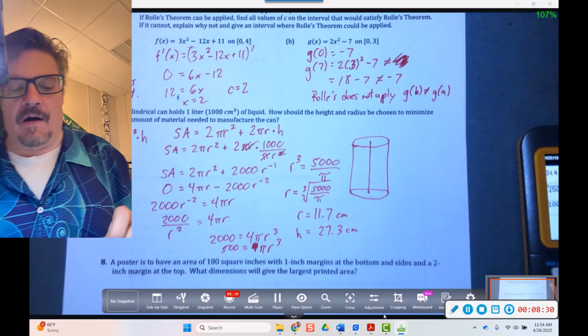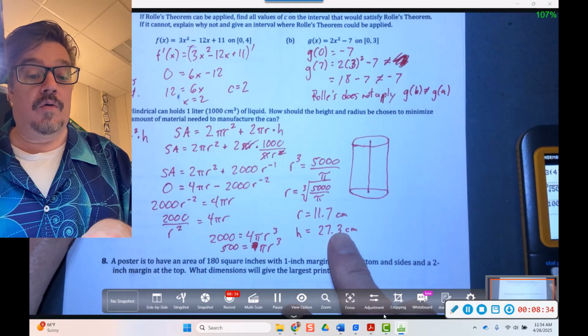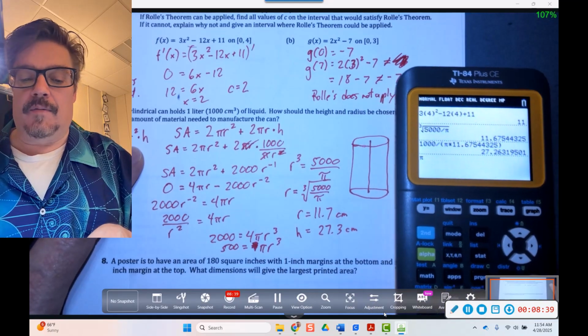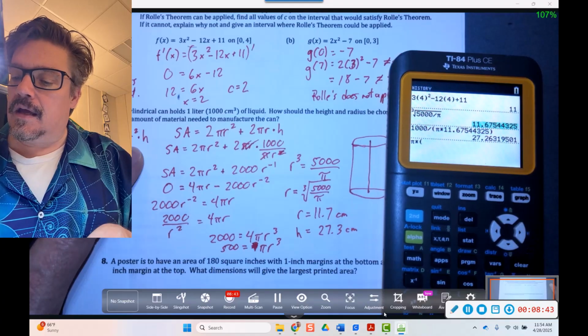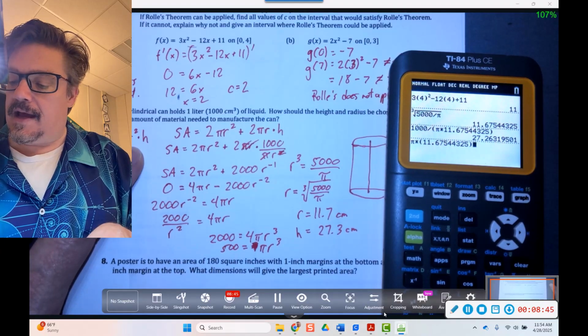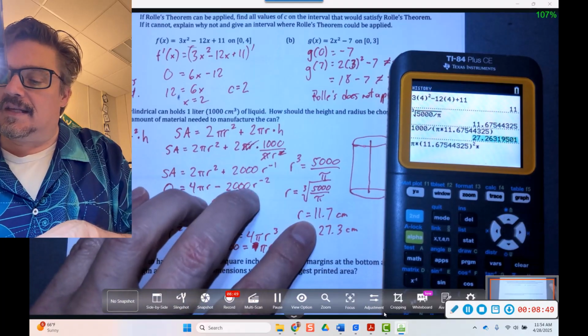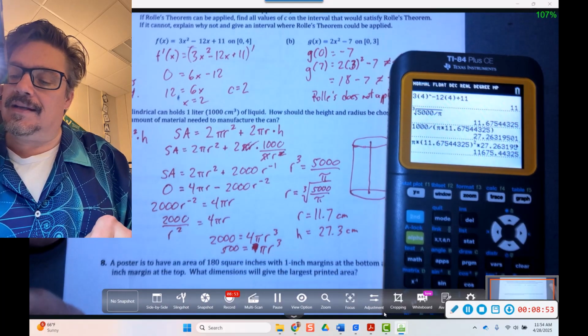Now if we multiplied those, we should get a volume of 1,000, so I just want to double check. Pi times r, which was this, squared, times h, which was this, should give us 1,000, but it doesn't.